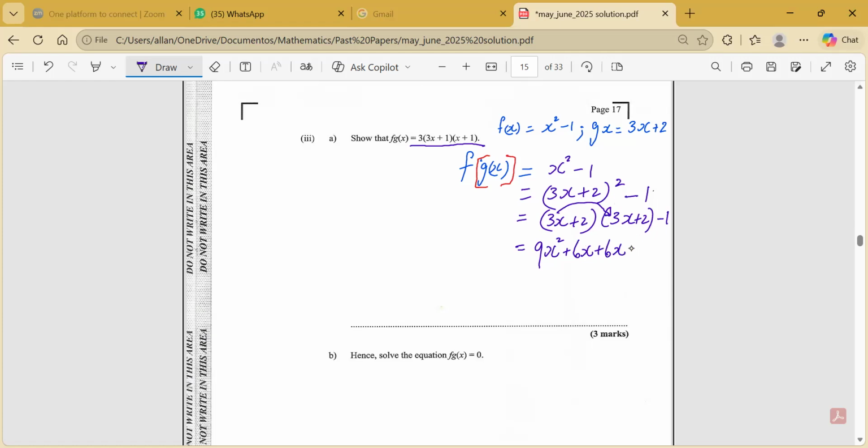And 2 by 2. So the only thing that could be simplified: 9x squared, 6x plus 6x, 4 minus 1, it's 3.